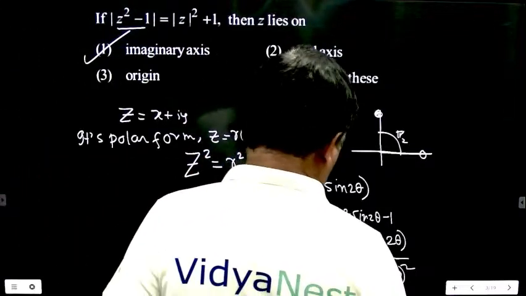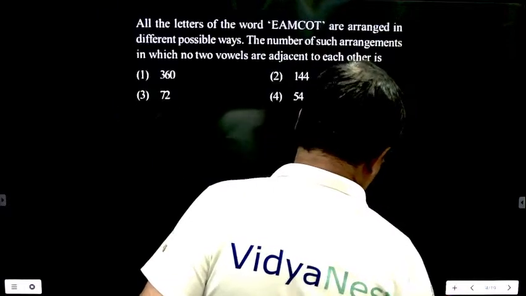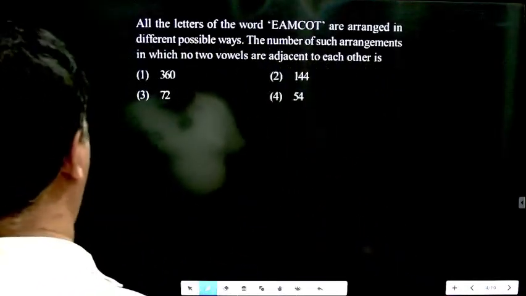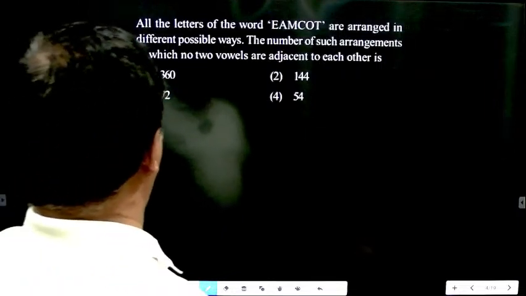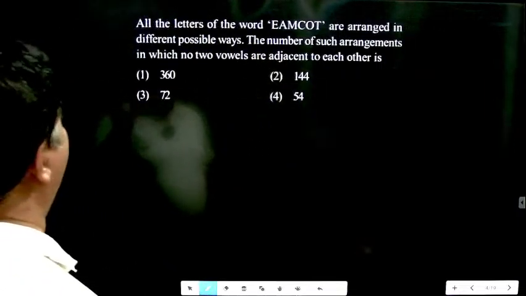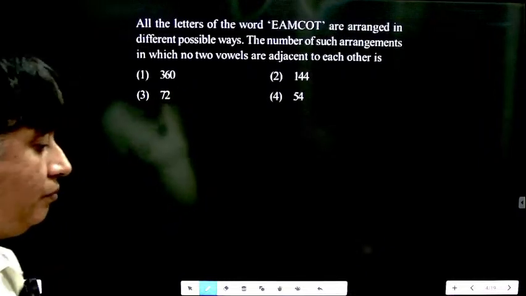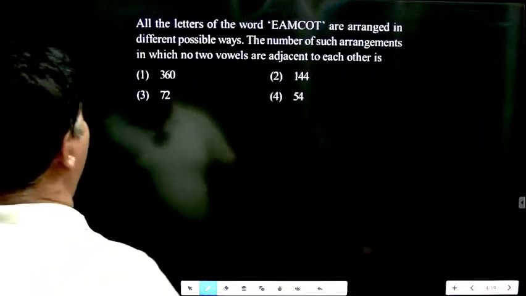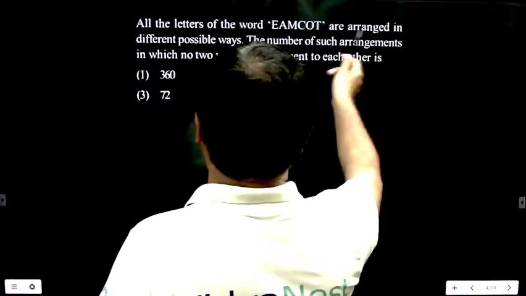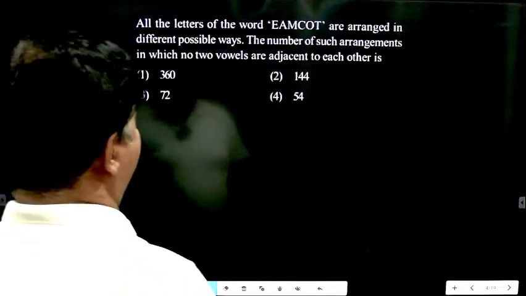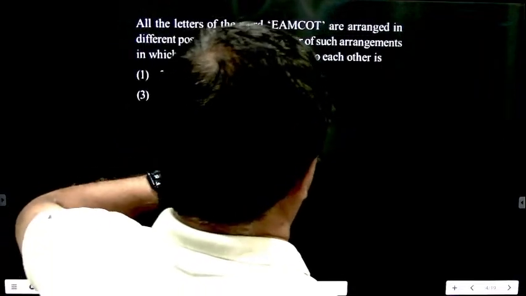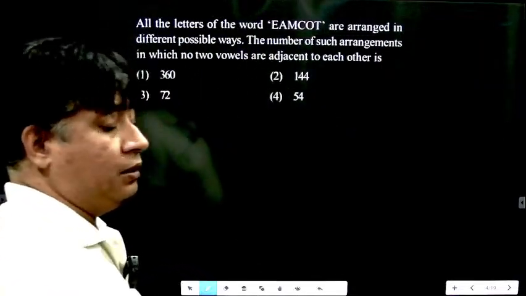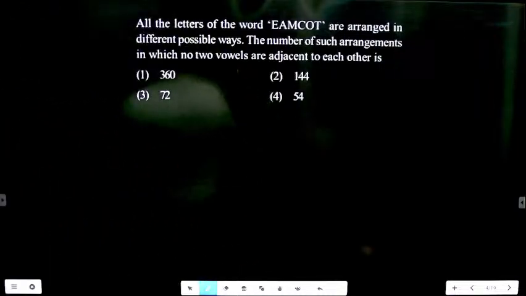I am skipping to the next page. See, there is a sum which is referring the problem of permutation. There is a word in which the letters are arranged in different possible ways. Number of such arrangements in which no two vowels are adjacent to each other. Vowels are adjacent means what?